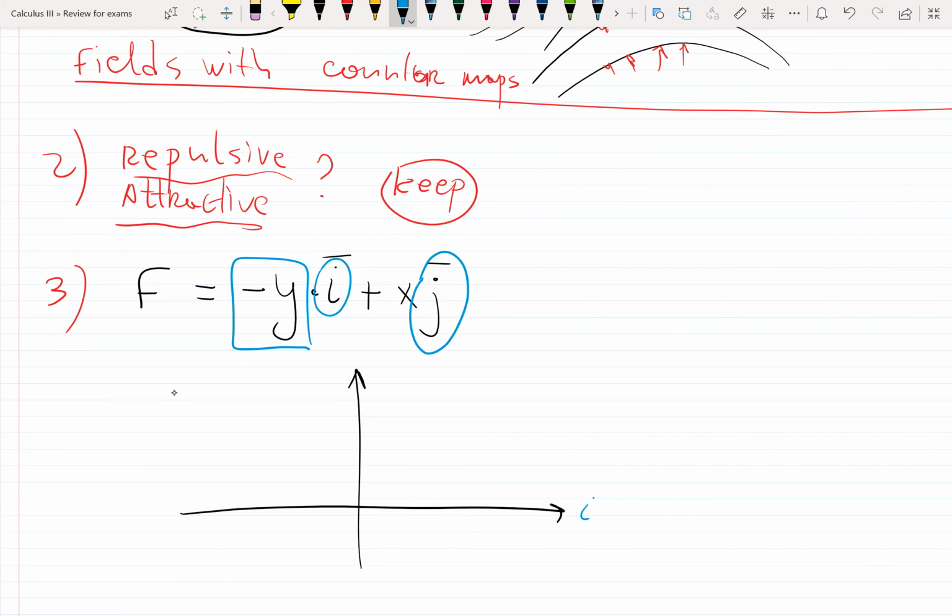Component J, on the other hand, is responsible for going up and down. Let's start with J. The bigger and more positive the number in front of this J component, the more we are going up. The more it is negative, the more we're going down. So let's see how come it's reversed. X is the number on the left and on the right, not up and down.